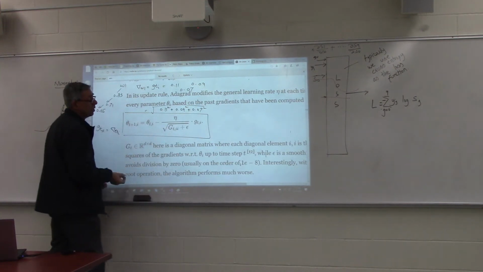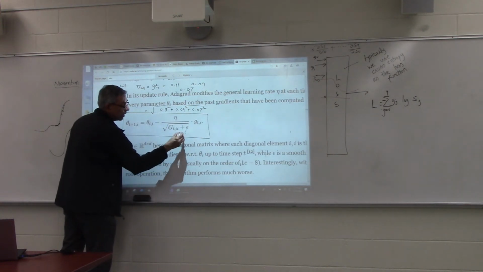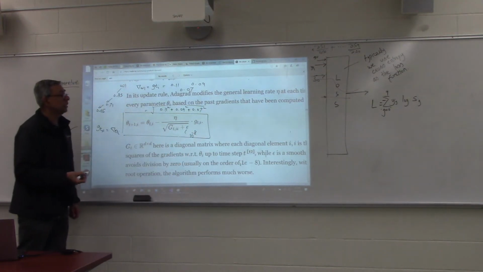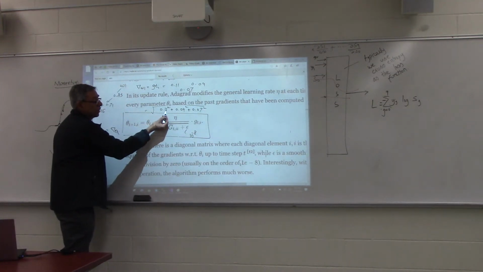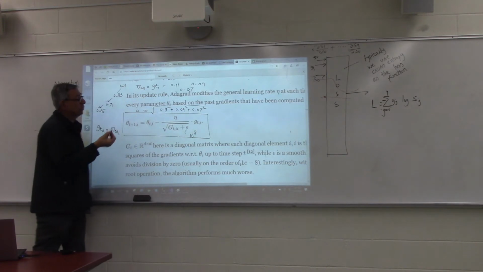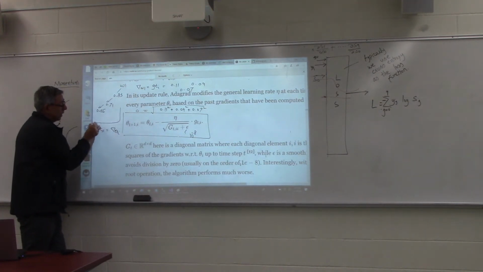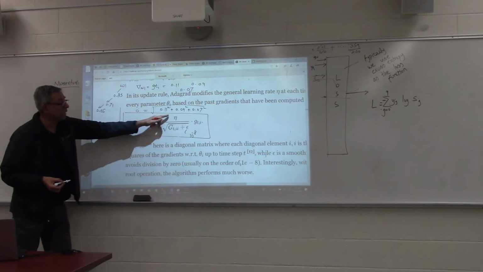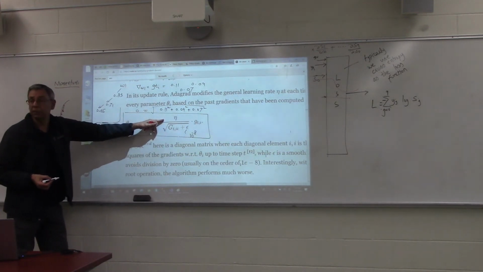G_t,ii. And what is epsilon over here? This is some small number, for example, 10 to the negative 8. Just in case the slope becomes 0 over here, remember this is the gradient. So it is possible that, as we go over here, it flattens out. It may become 0. So anything divided by 0 will become infinity.